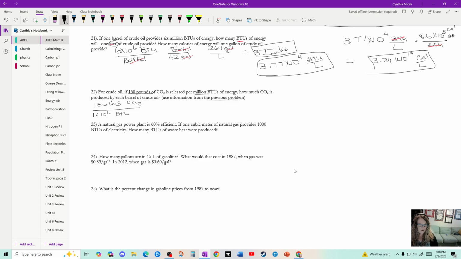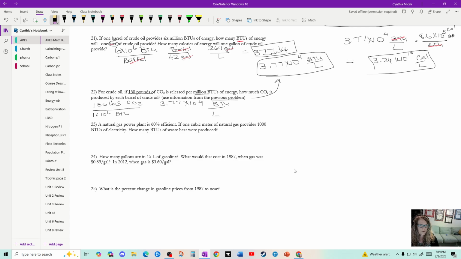Okay, and then what do we want to know? How much CO2 is produced by each barrel? So we're going to take our answer over here, 3.77 times 10 to the 4 BTUs per liter.